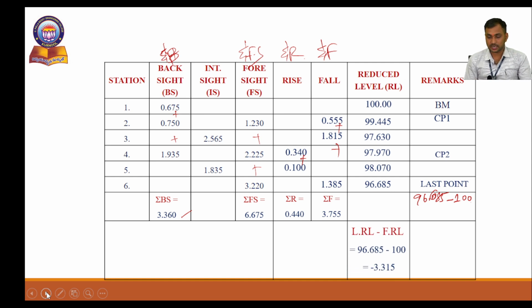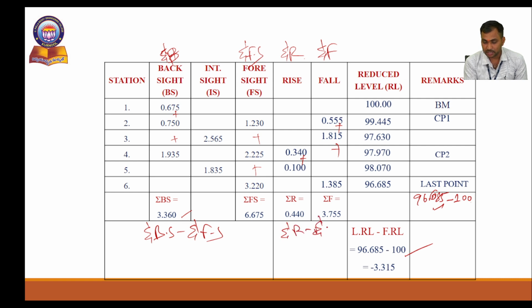My dear students, last RL minus first RL is nothing but 96.685 minus 100, nothing but minus 3.315. These checks should be satisfied: summation of backsight minus summation of foresight, and summation of rise minus summation of fall. Now we will check here.